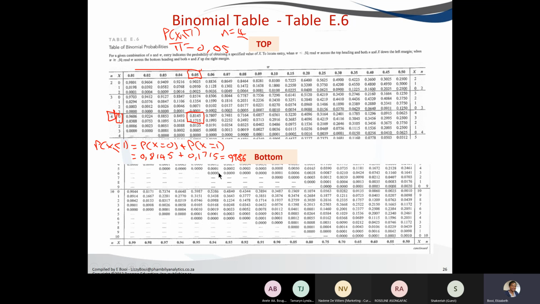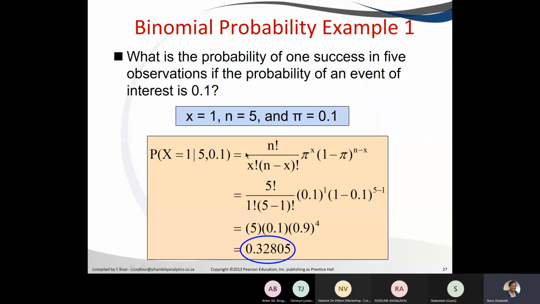If you were going to use the formula instead of a table, you will have to do this twice. So you will do the probability of x equals 0 and the probability of x equals 1. Then you will add them together.